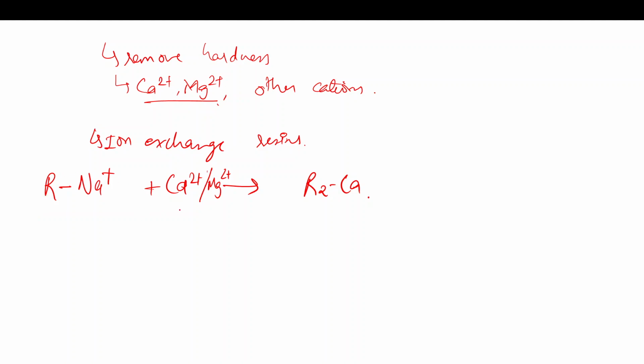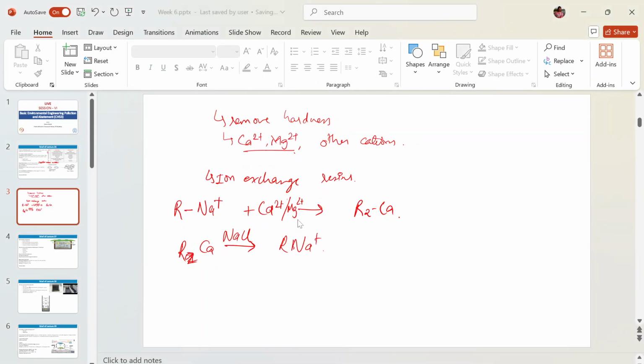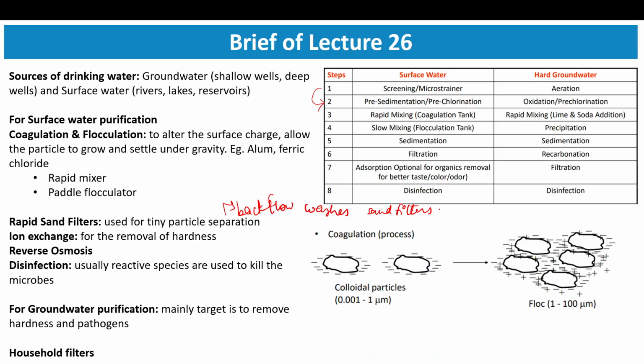A similar reaction follows, and if we want to regenerate, we can reverse the reaction, because it is a reversible reaction, by adding NaCl to reform this, right? So this is the regeneration step. This is the reaction we follow to remove the hardness present in that water.